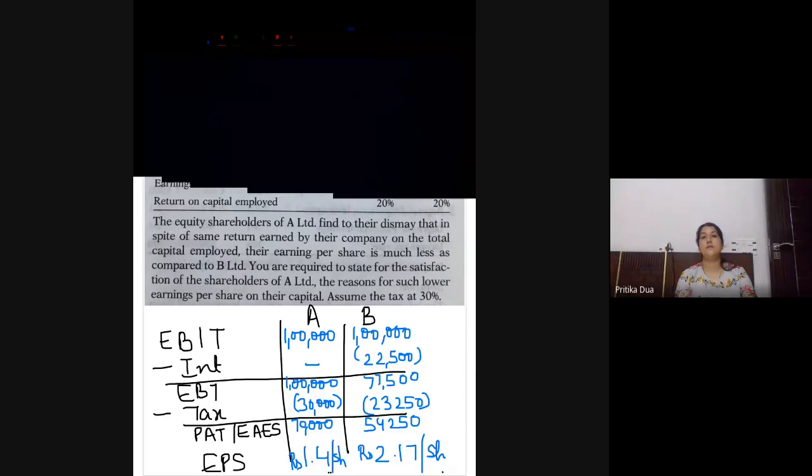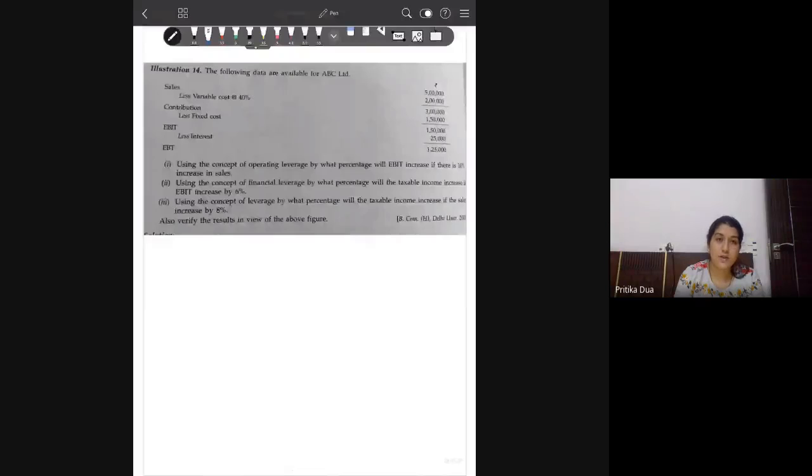Okay, so this is the question. You are given the data with respect to a company, then you are given the income statement, and you need to calculate, in part 1 using the concept of operating leverage, by what percentage will EBIT increase if there is a 10% increase in sales, and likewise you have second and third part.